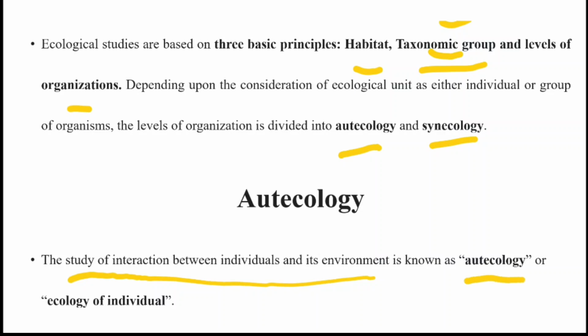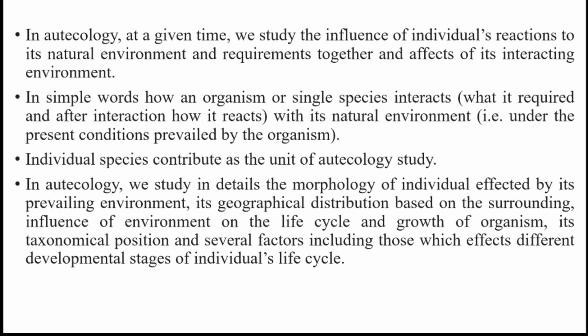It is known as Autecology or ecology of the individual. In Autecology, at a given time we study the influence of the individual's reaction to its natural environment, its requirements, and the effects of its interacting environment. In simple words, how an individual organism or single species interacts with its natural environment. An individual species serves as the unit of Autecology study.